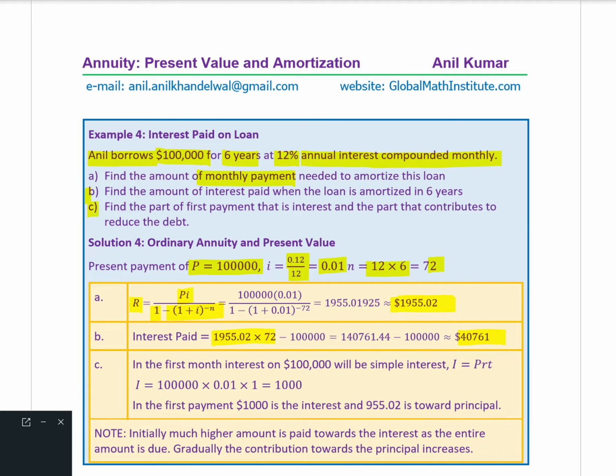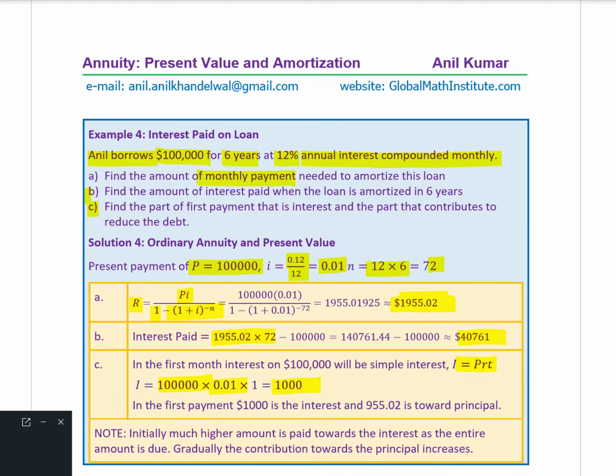Part C. Find the part of first payment that is interest and the part that contributes to reduce the debt. Well, we know that the first payment is 1955.02. Let us find the interest actually. So interest is PRT. Now in this case, the total amount was 100,000. R is 0.01.